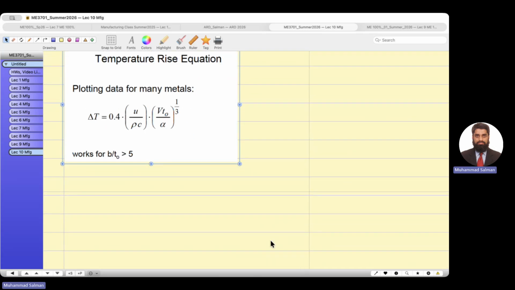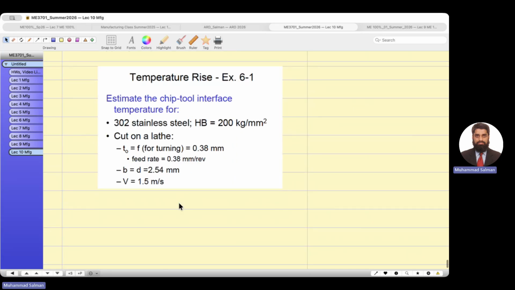Okay, let's try to apply this formula in our problems. This is our problem: estimate the chip tool interface temperature when cutting on the lathe.